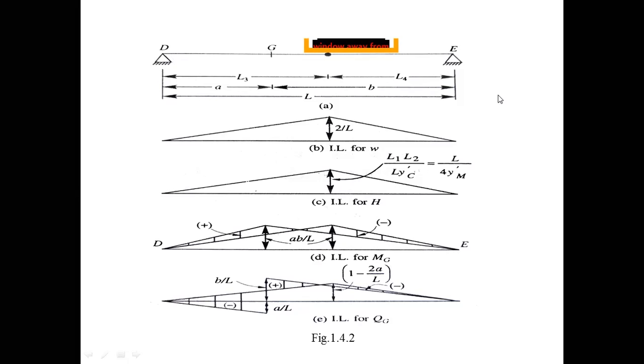Draw the figure as in the initial derivation of the three-hinged stiffening girder. Draw the same thing here, and I will explain clearly how to draw the influence line. If you know these diagrams and these values, you can easily calculate all these things within a fraction of a second.